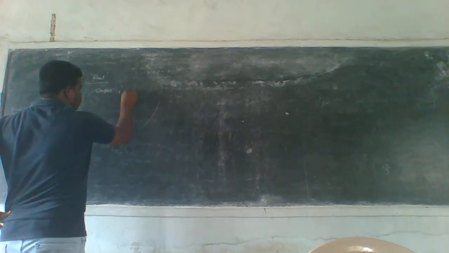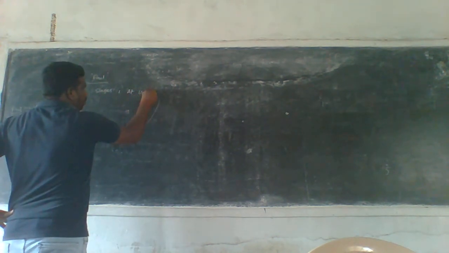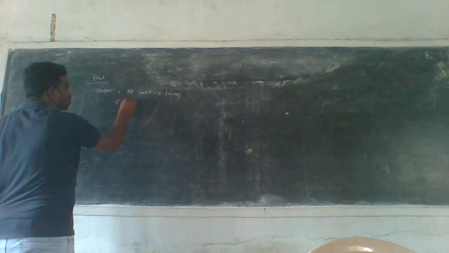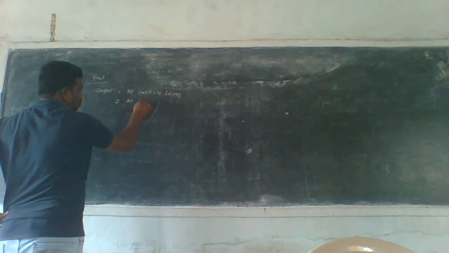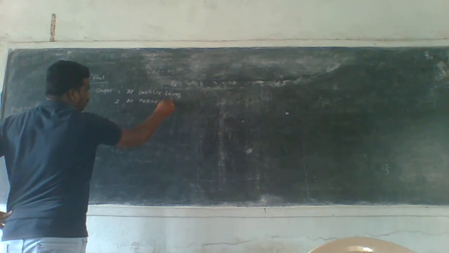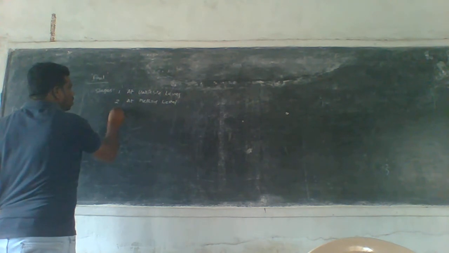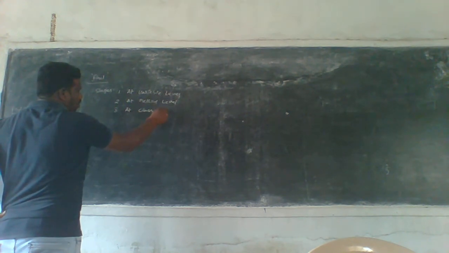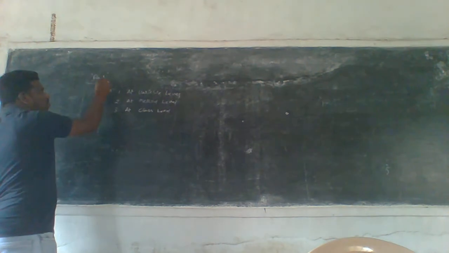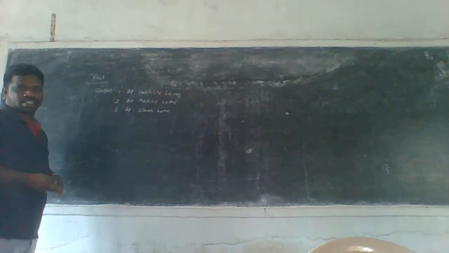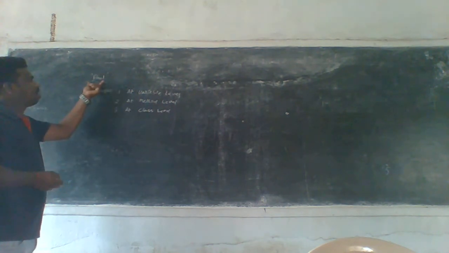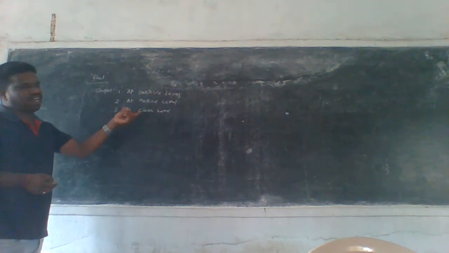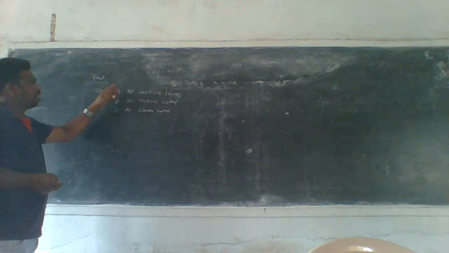First one is at the variable level, second one is at the method level, and third is at the class level. So I am using the final keyword at three stages.